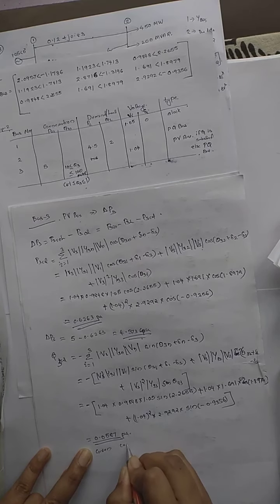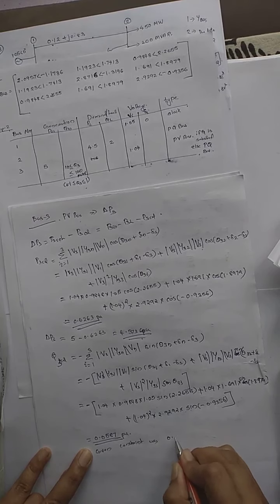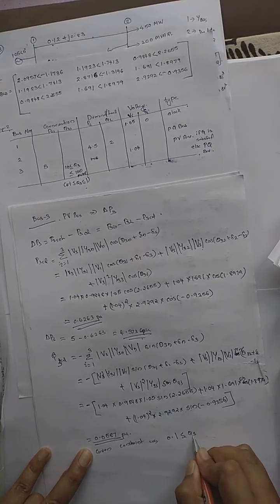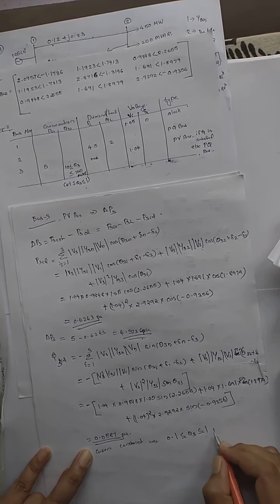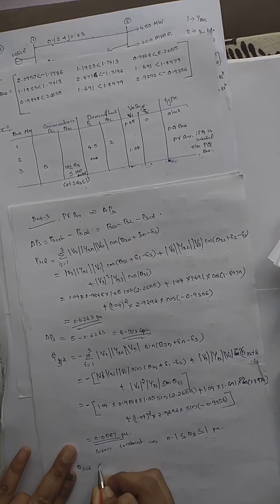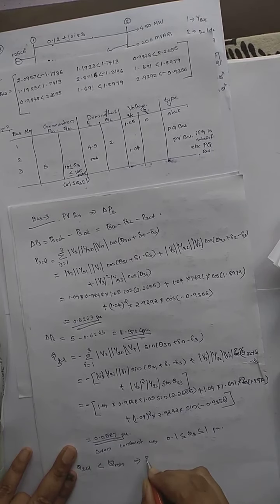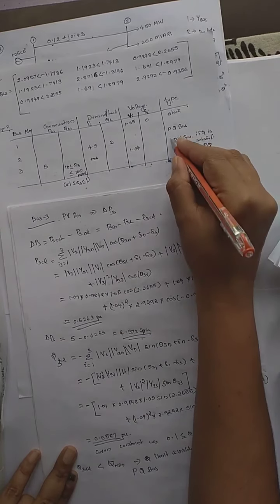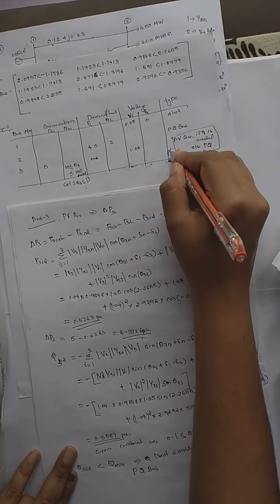The given constraint was 0.1 less than or equal to Q3 less than or equal to 1 per unit, but this Q3 calculated value is less than the Q minimum limit given, so the Q limit is violated and we should consider this bus as a PQ bus. Okay, so bus 3 is treated again as a PQ bus.